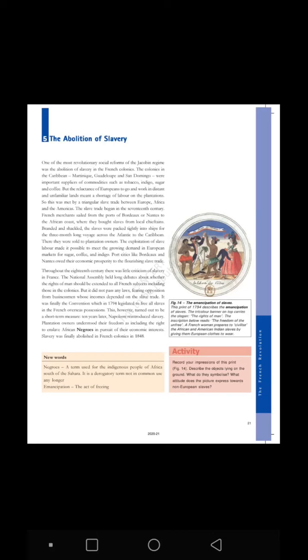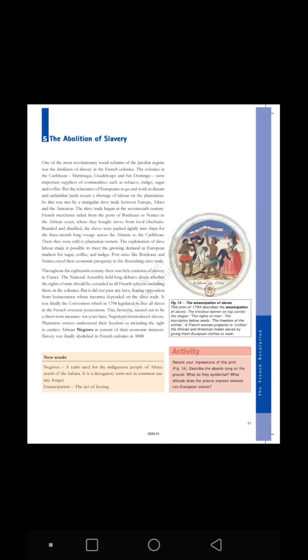The slave trade began in the 17th century. French merchants sailed from the ports of Bordeaux or Nantes to the African coast, where they bought slaves from local chieftains, branded and shackled. The slaves were packed tightly into ships for the three-month long voyages across the Atlantic to the Caribbean.